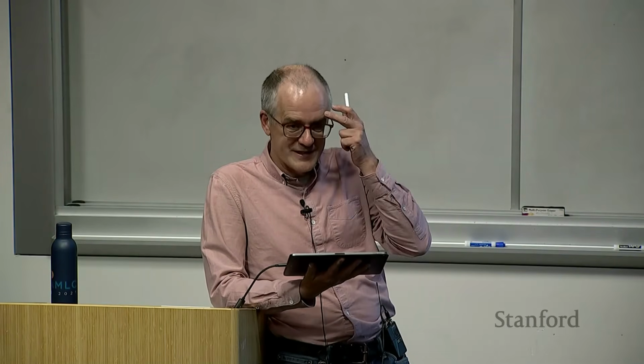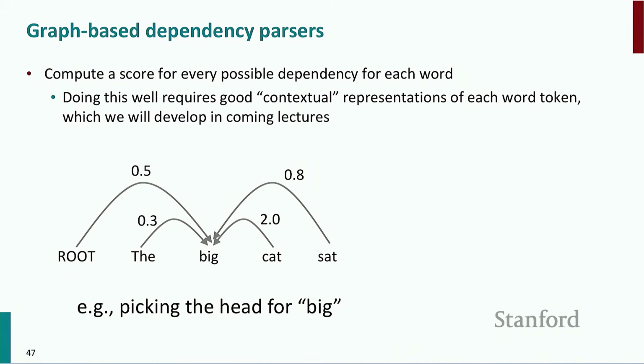I've still got a couple of minutes left, so let me just do the last 3 slides to show you another way of doing things, which is also a powerful parsing method that is commonly used. So that was transition-based parsing, and that's what you'll use in assignment 2. Another way of doing things with dependencies and parsing that can be done neurally is what's referred to as graph-based dependency parsers.